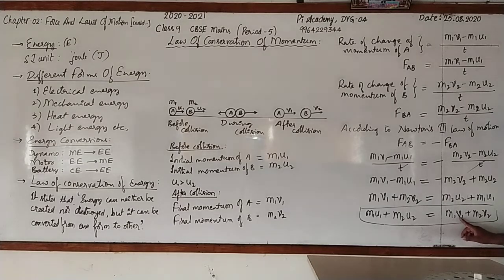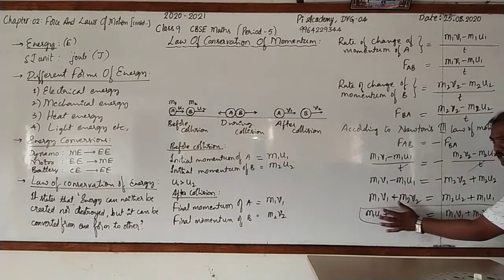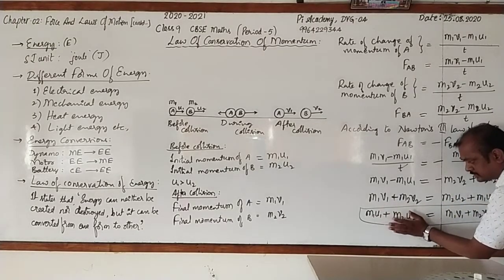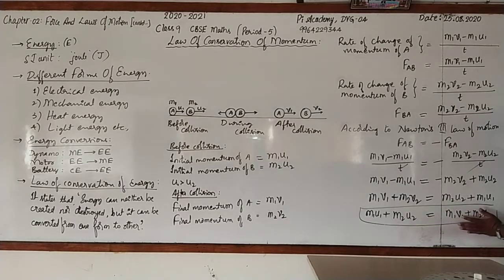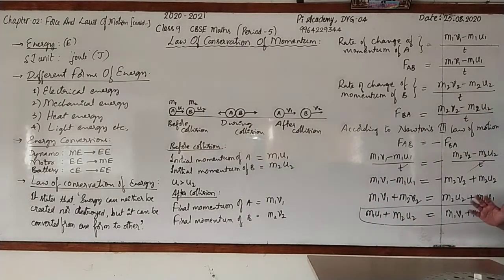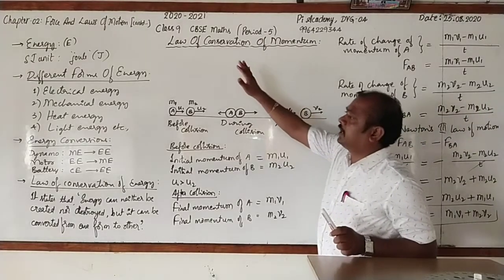Then m1 v1 is the final momentum of A, m2 v2 is the final momentum of B. m1 v1 plus m2 v2 is the sum of momenta of two bodies A and B after collision. See that? The sum of momenta of two bodies before collision is equal to the sum of momenta of two bodies after collision. Clear? That is the statement. Now I am going to write the statement.